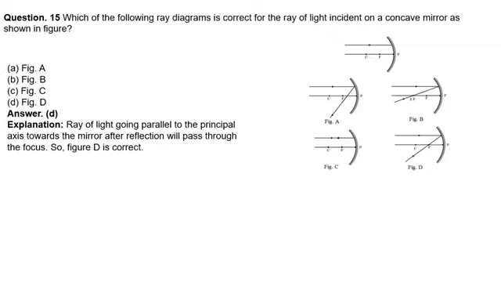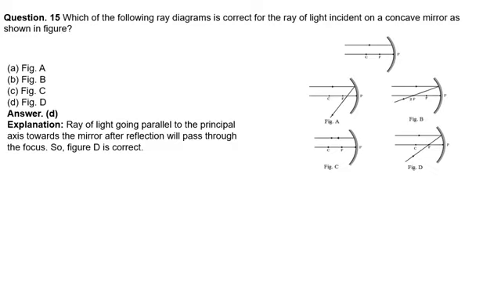Next question, which of the following ray diagrams is correct for the ray of light incident on a concave mirror as shown in the figure? I have taken this question because it will remind you about the laws while making a ray diagram in case of mirror.